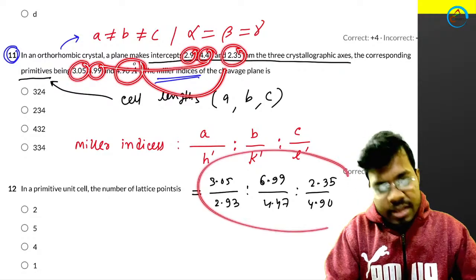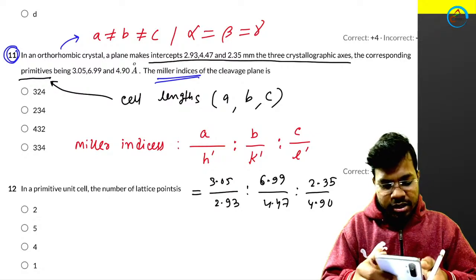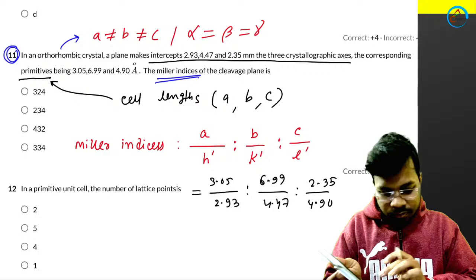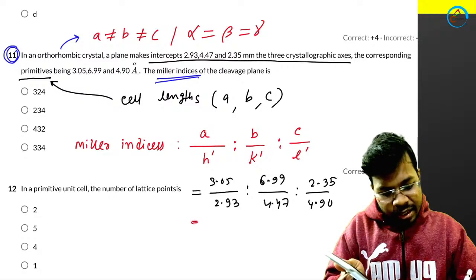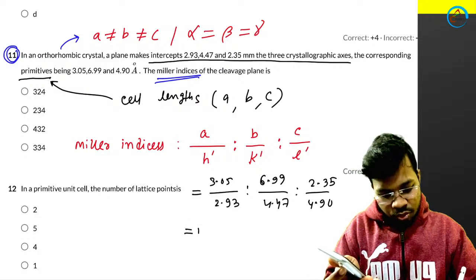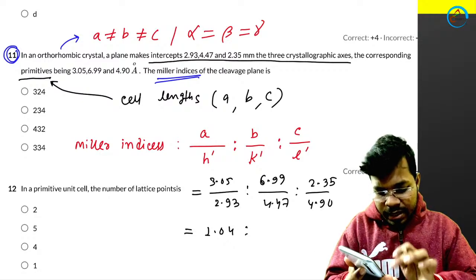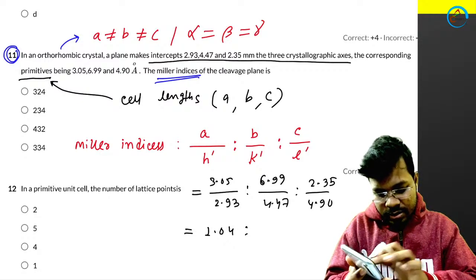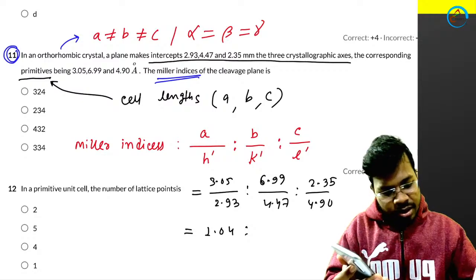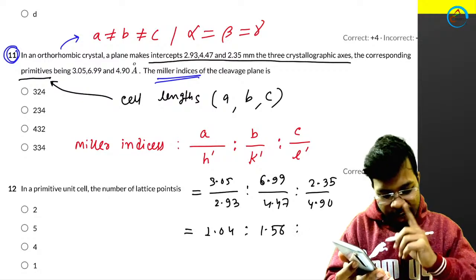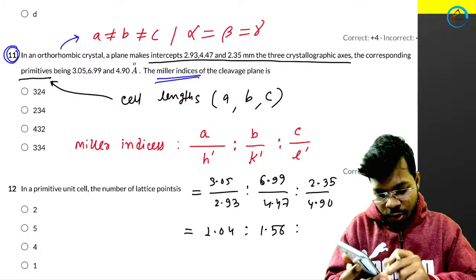Once you do this, let me calculate, because I don't know which is the correct one. 3.05 divided by 2.93, you are getting 1.04. 1.04, that means I am writing 1. Then 6.99 divided by 4.47, 1.56, and finally 2.35 divided by 4.9.